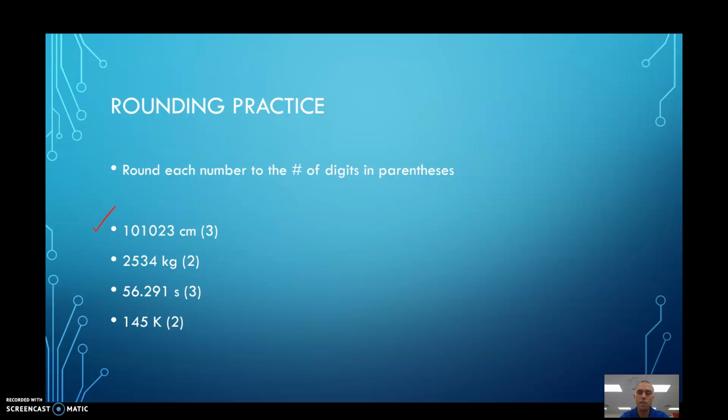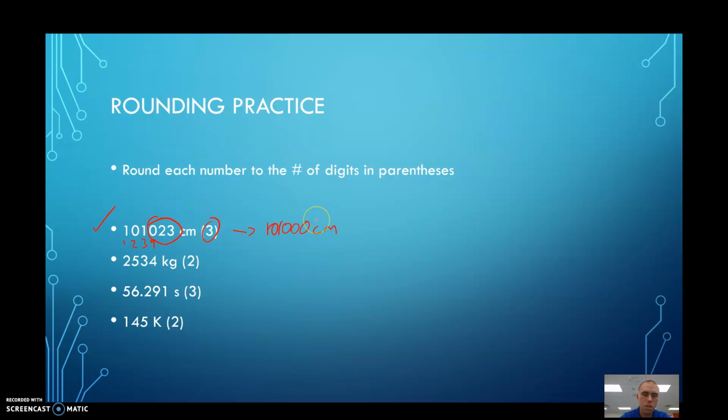I'm going to start my count from the left, and I'm going to count my sig figs. There's 1, 2, 3. I'm stopping at 3. I'm going to round based on this one. This tells me that I need to not round it up because it's less than 5. So this number becomes 101, and then everything after it just changes into a 0.